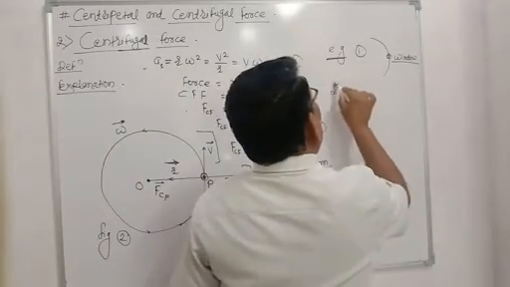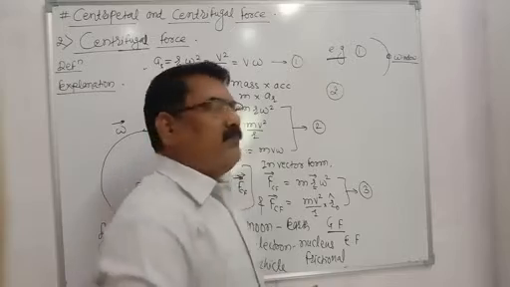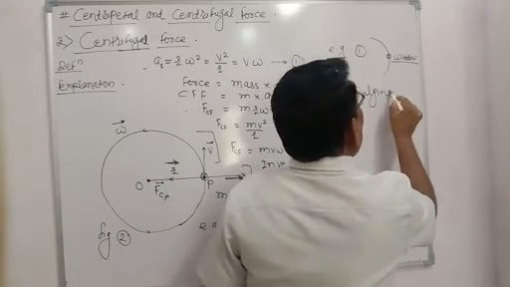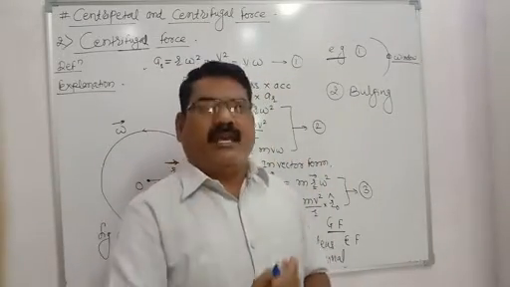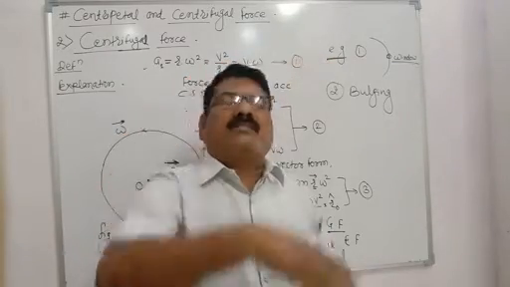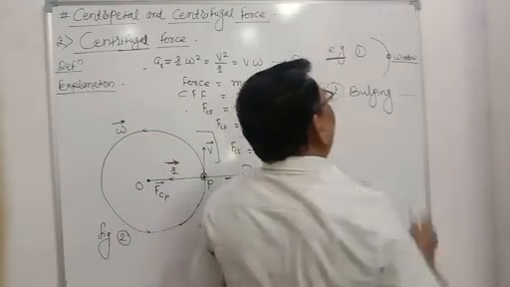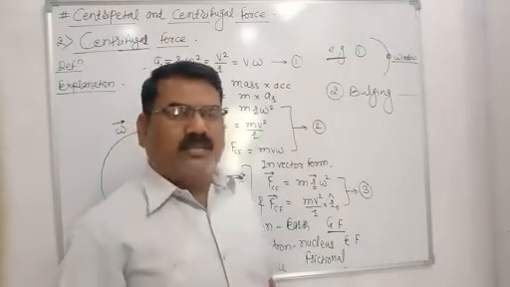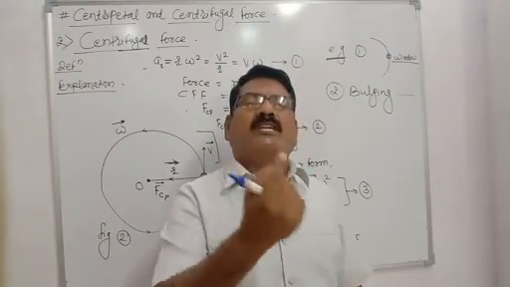Second example: the bulging of the earth at the equator. The bulging of the earth at the equator is due to the centrifugal force, because you know that the earth rotates about its polar axis.